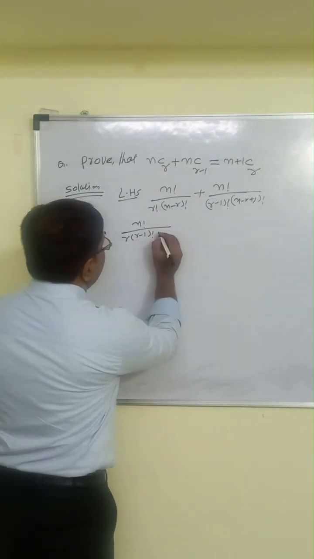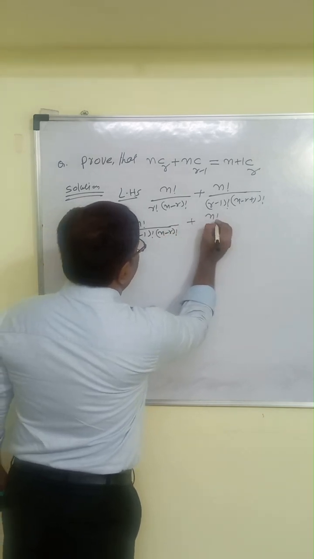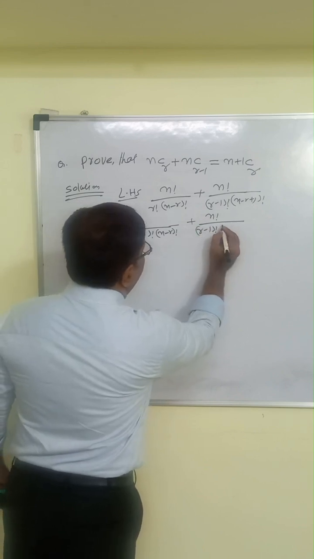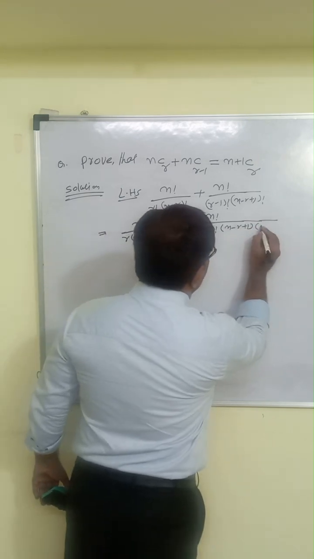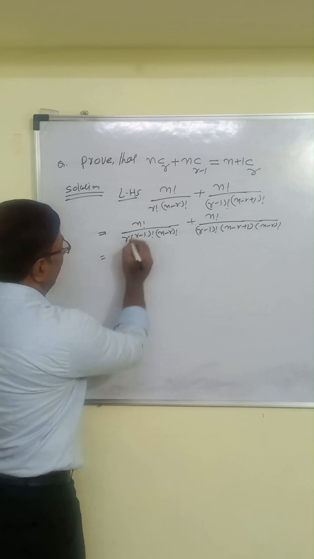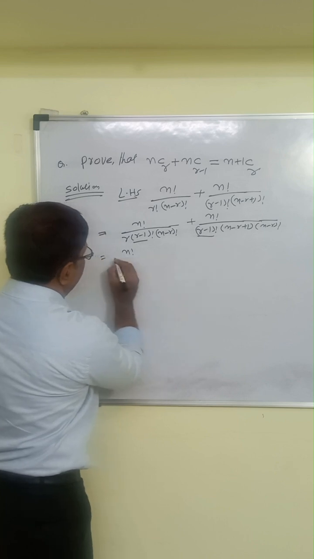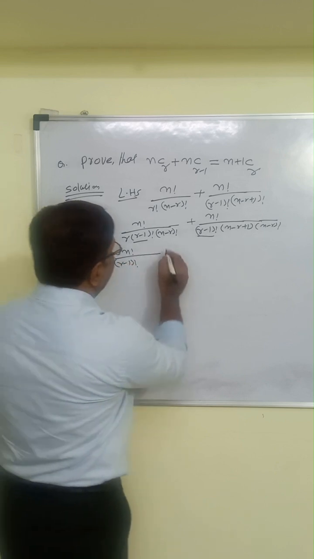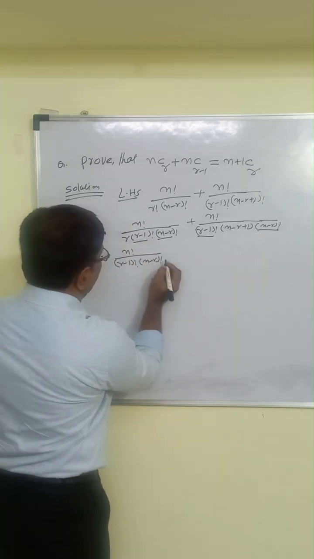So we write the same here: n factorial, (r minus 1) factorial, and (n minus r) factorial. Right? Now we can take n factorial common, and here (r minus 1) factorial and (n minus r) factorial are common.